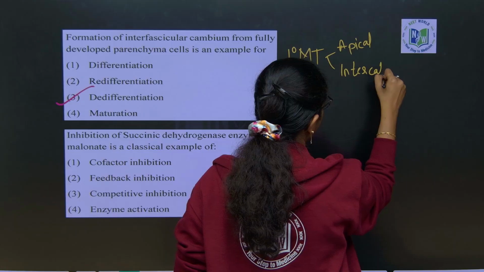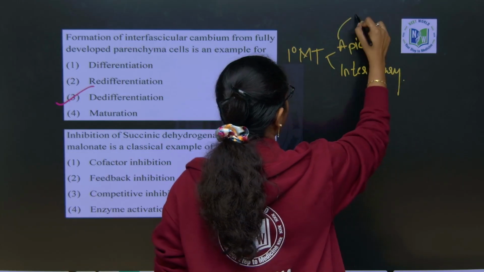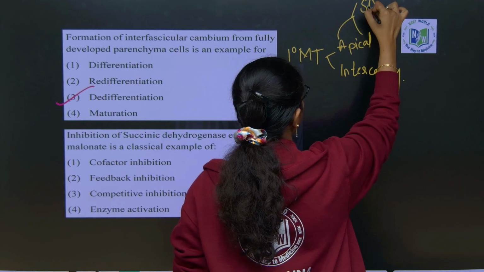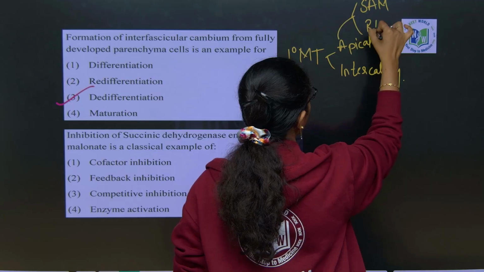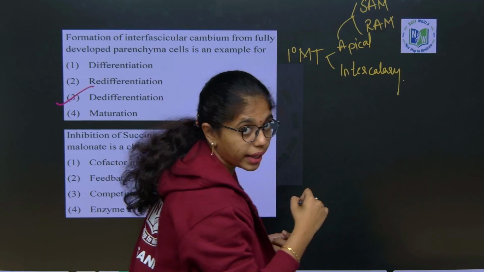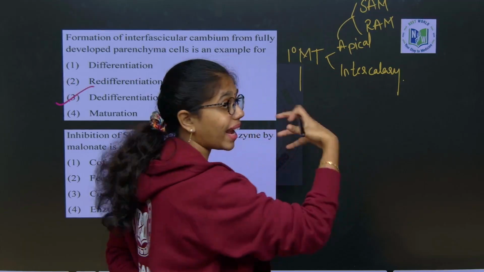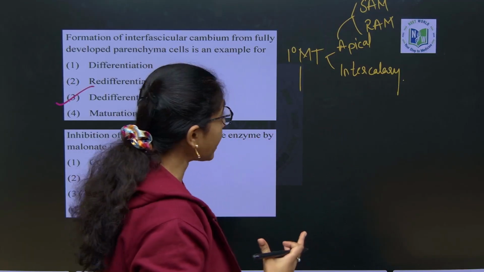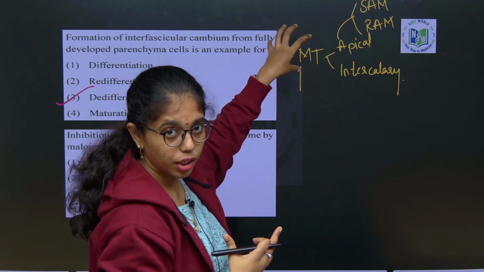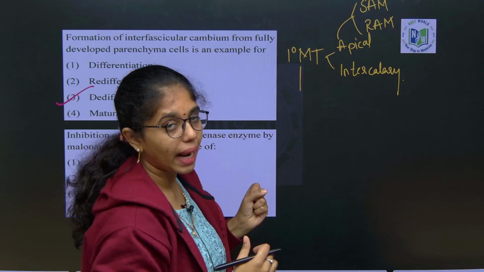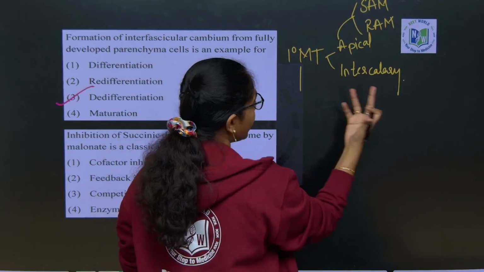Apical meristems include shoot apical meristem and root apical meristem, right, Nana? The meristematic activity of these primary meristematic tissues will form primary plant body with permanent tissues.